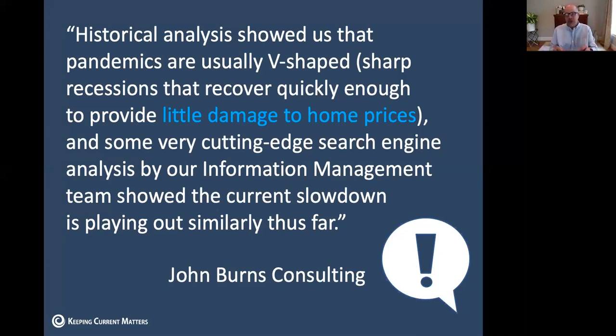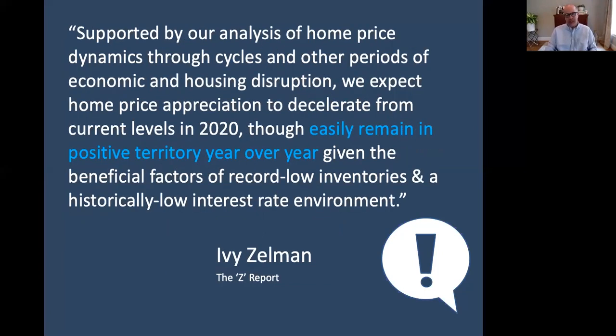And there's two things we really want to look at when we look at these types of things. We want to look at trusted sources, which is what we've done, and trusted forecasts. Now, I will tell you, forecasts are just now starting to come out of what do we see happening looking forward. And the one that I want to draw your attention to right now is from Ivy Zelman in the Z Report. And here's what Ivy says.